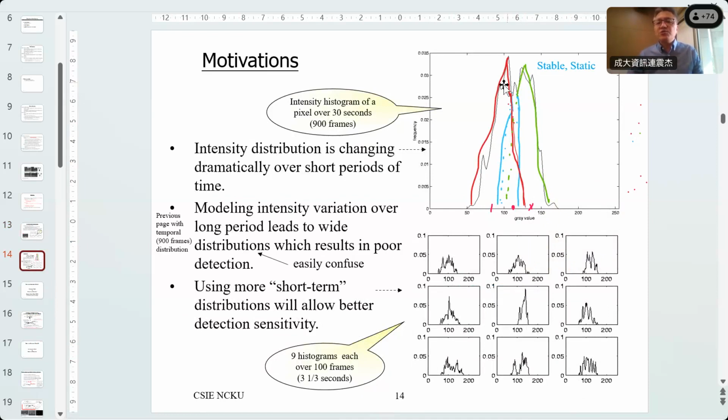So we cluster into 3 clusters, and for each cluster we use one Gaussian model to model it. That means the Gaussian mixture model can model any kind of distribution. That's important.